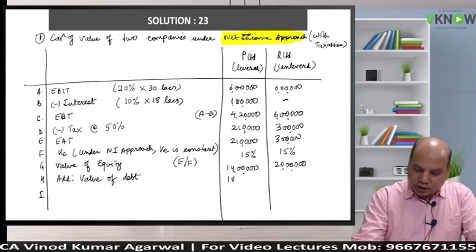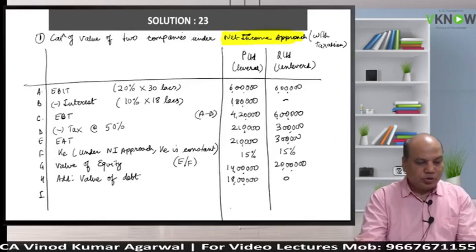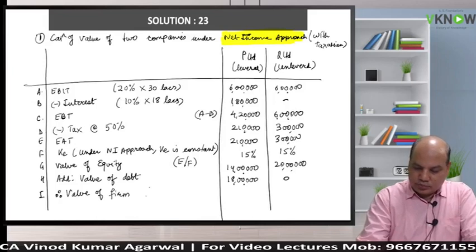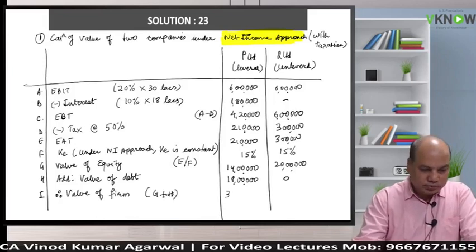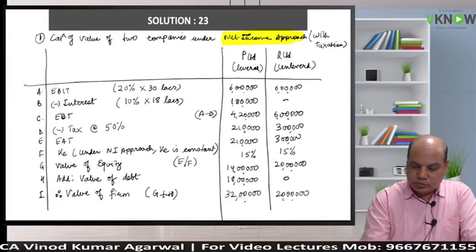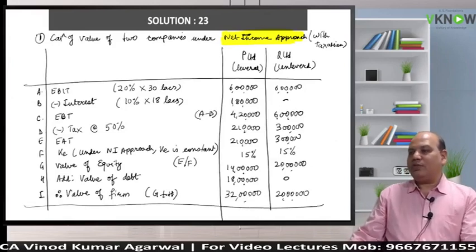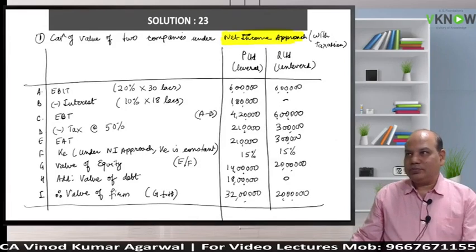Here it is 18 lakh, first column, second 0. There is no debt. Therefore, value of firm, G plus H, 32 lakh, and so this is your first answer. You will get 2 or 3 marks for this much effort.